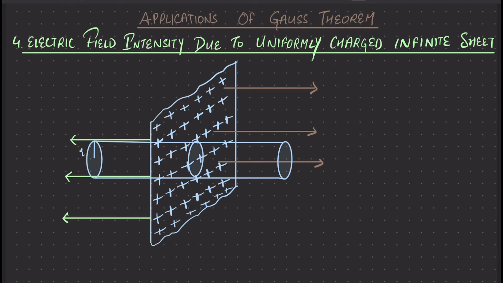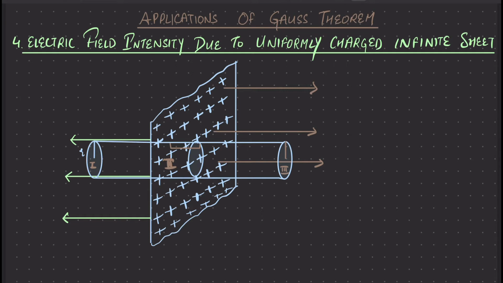Now we always need to divide the surface into 3 parts. So what are the 3 parts of this Gaussian cylinder? I will take this part as the first part of the Gaussian surface, this lateral part of the cylinder as the second part, so I will mark it as 2, and this portion will be regarded as the third part of the cylinder, and I will mark it as 3.